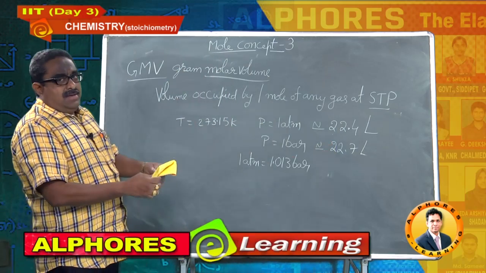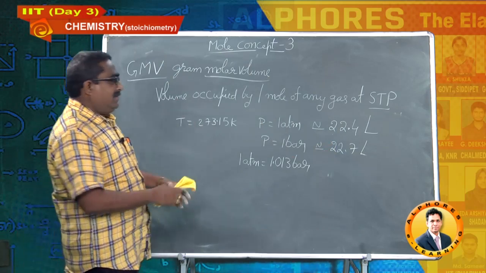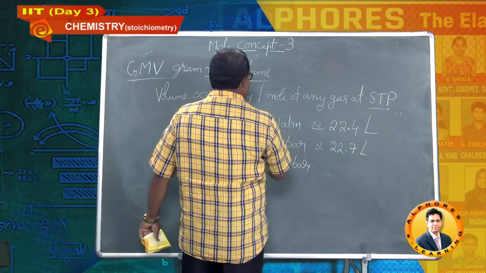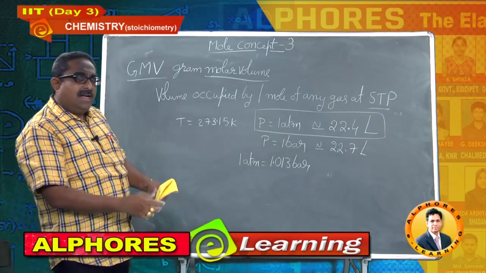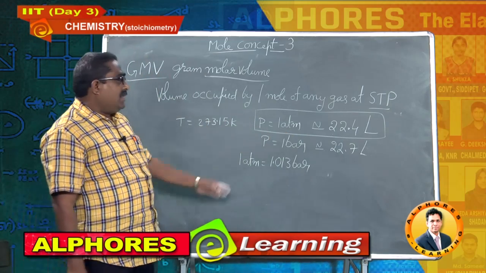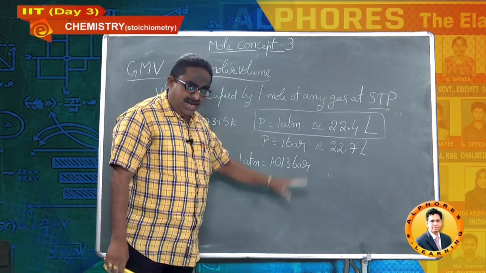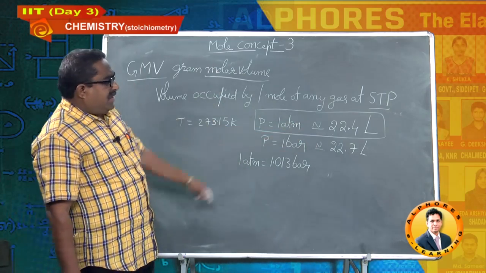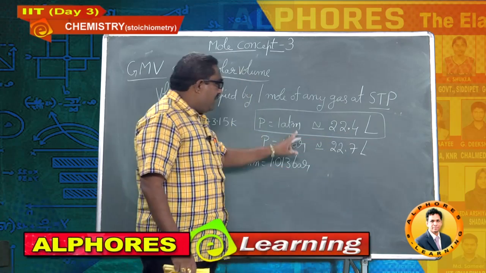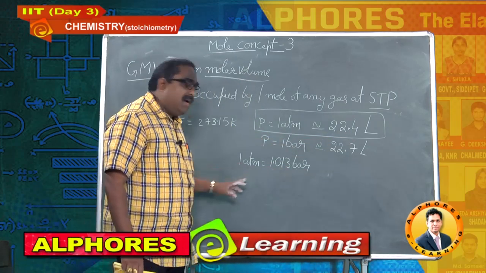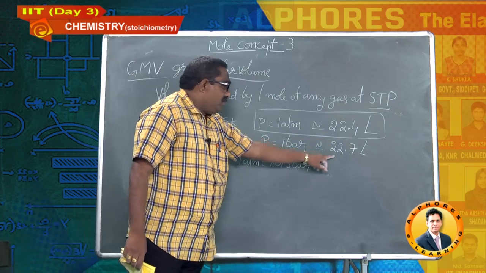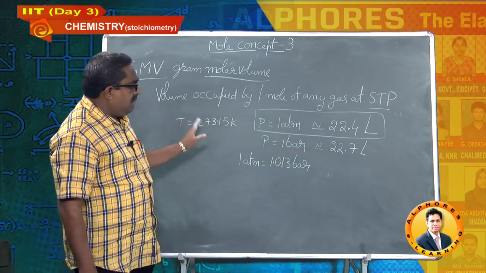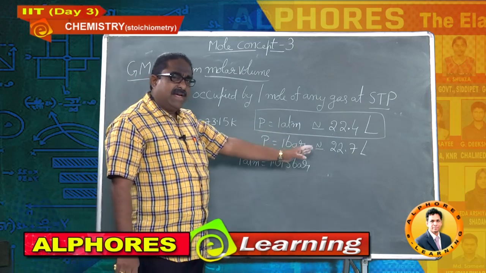But still we are following 22.4, as 99% of the books are following this till date, though the value has a very small difference, and this is the unit. Exactly we should follow the new value now, but many of the books are following the old one even in the examinations.